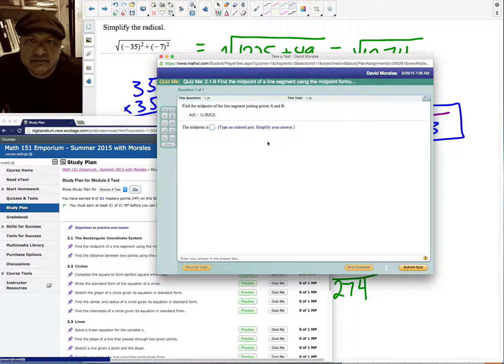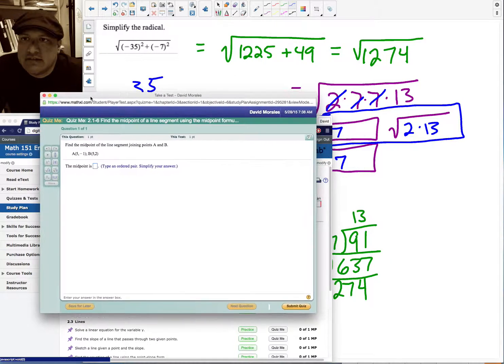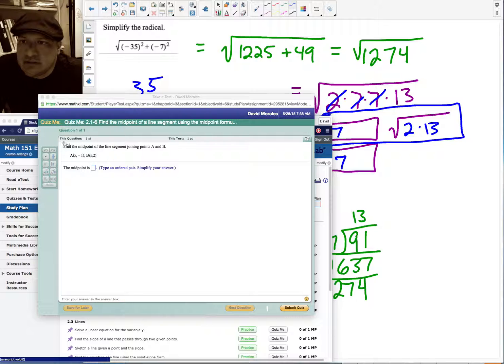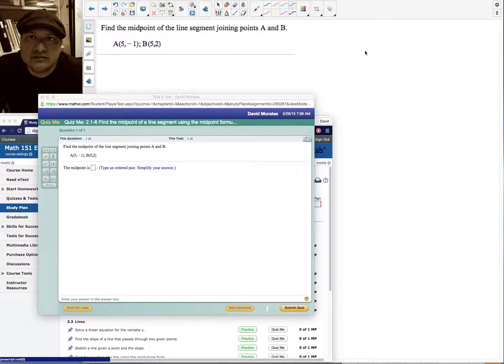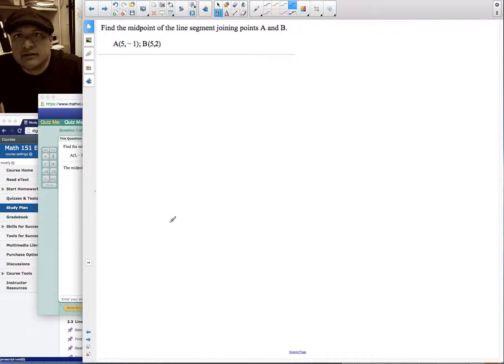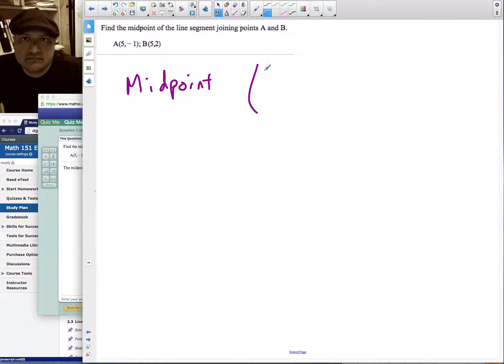Find the midpoint. Now this is where our knowledge of the averages comes in again. And now this is like a two-dimensional average. Where's the midpoint between 2 points in two-dimensional space? The formula is the same as the average.